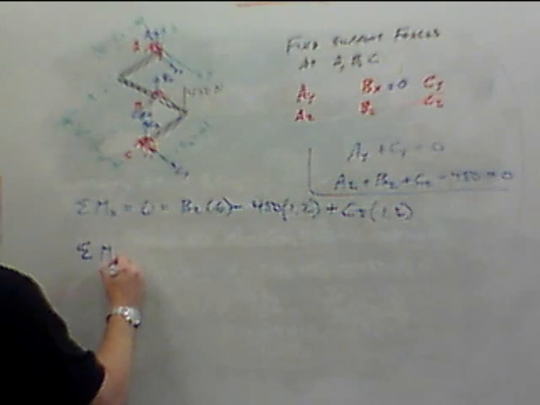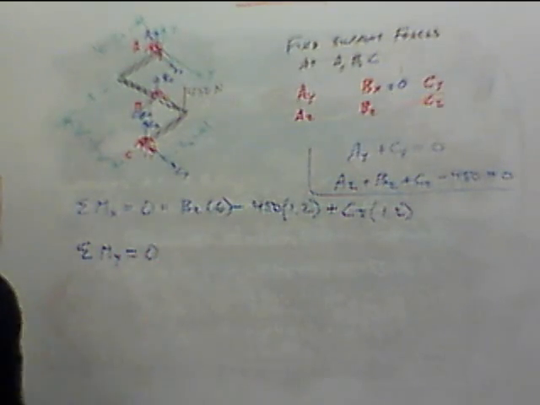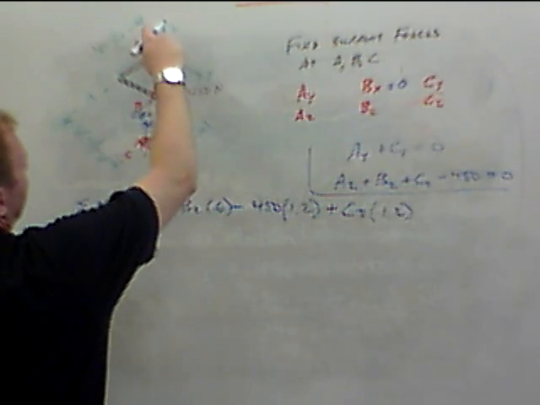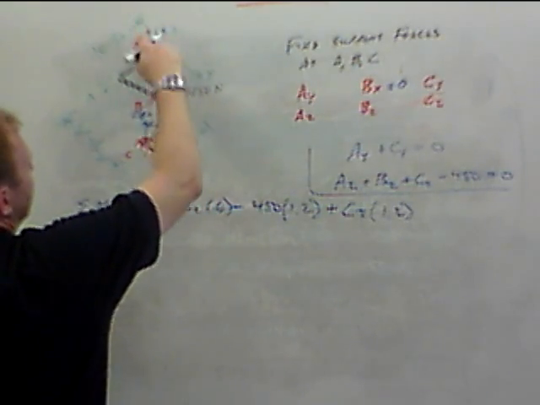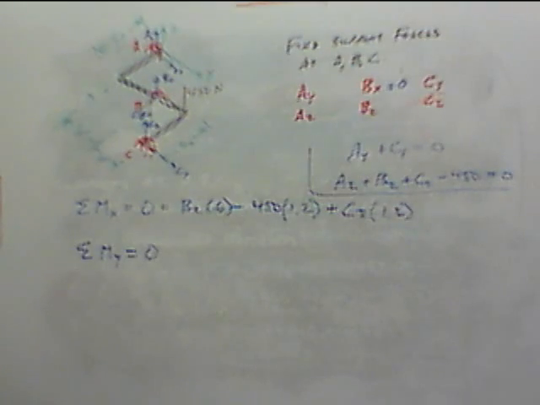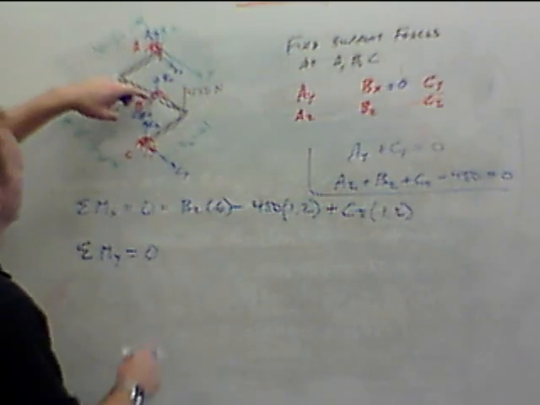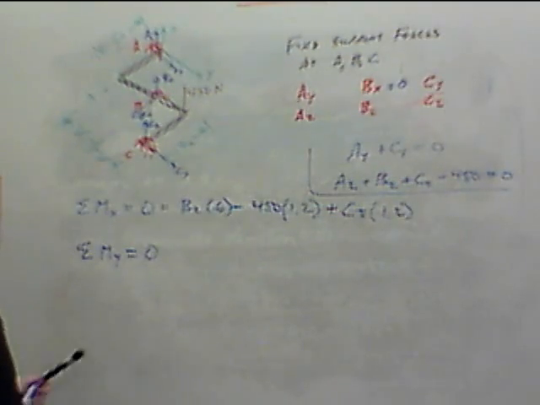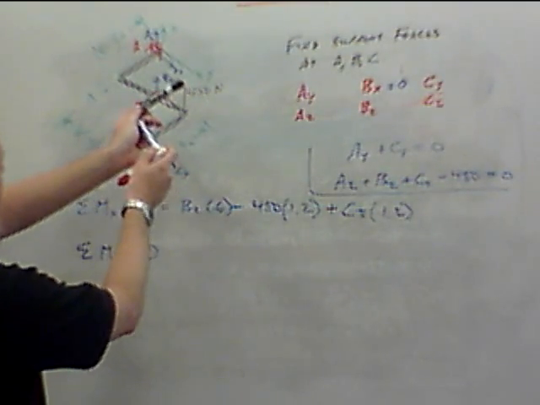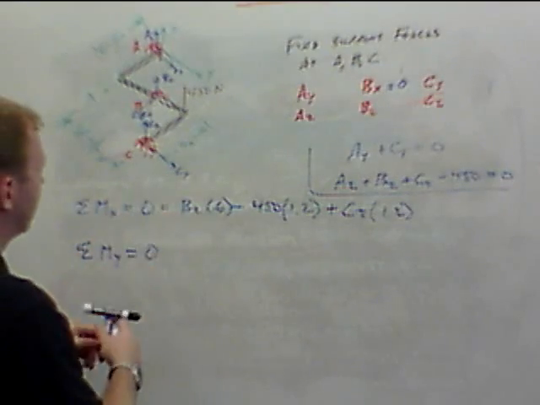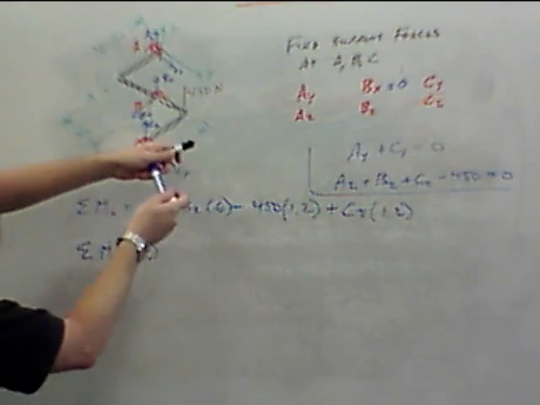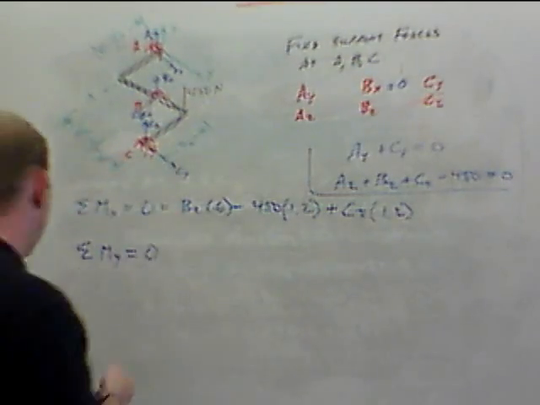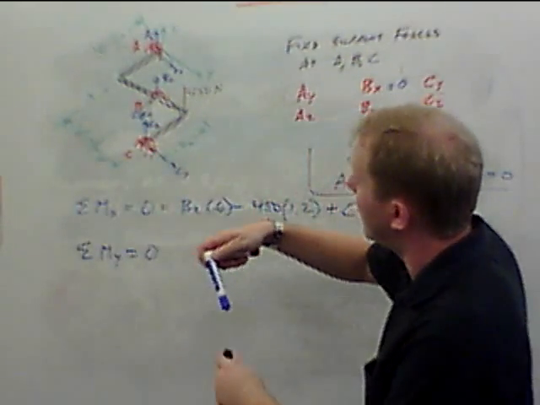Summation of moment about y. Same process. Now we have a y-axis. I didn't draw this, but the origin is actually at A, so these don't cause any rotation. When we look at point B, Bz, rotation about y is rotation this way.